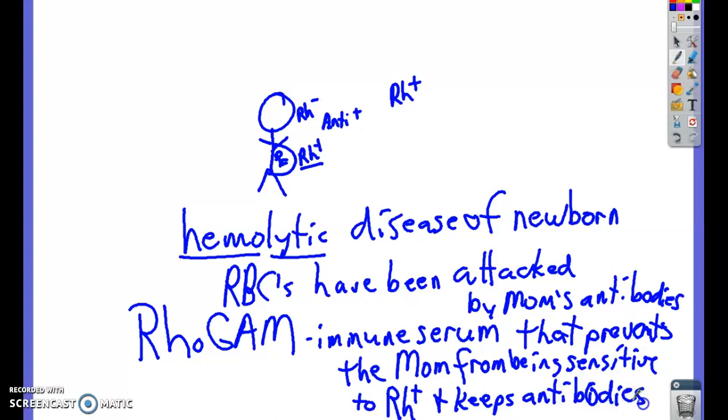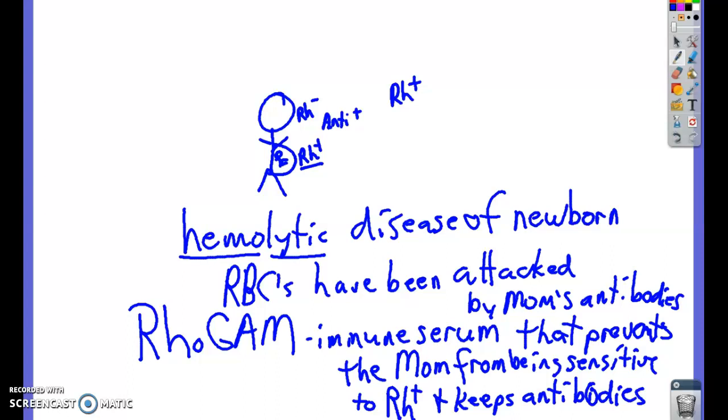If they give this shot to the mom beforehand, then she will not make them. Eventually the shot will wear off, but by the time it's worn off, hopefully the baby has been born, and so it is safe. Okay, so anyhow, that's basically the setup there.